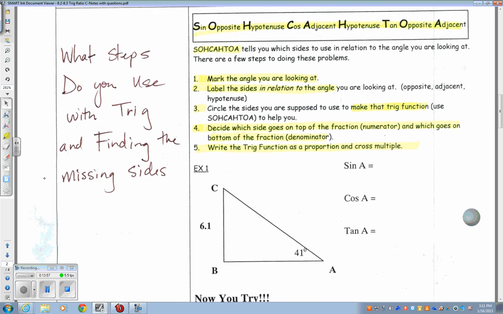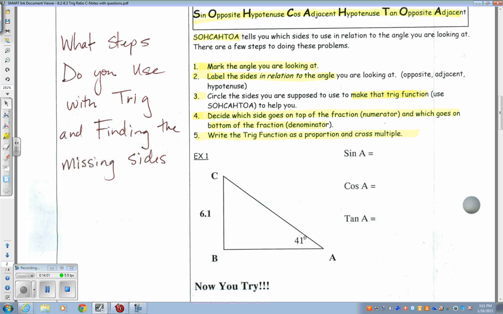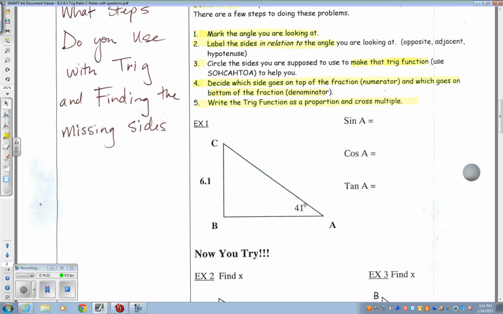I also put the acronym up there. When you're using trig, you can use trig to find a missing side measurement or length. And these are some steps, and after a while you're going to skip some steps because you're going to start seeing patterns. But if you can start memorizing these or paraphrase them and understand what you have to do for each step, it will help you get a better understanding of how to solve this.